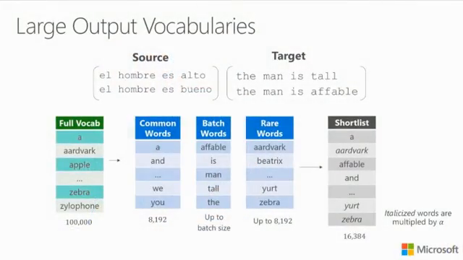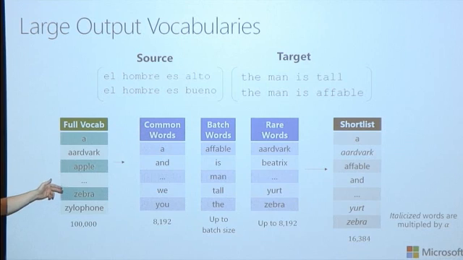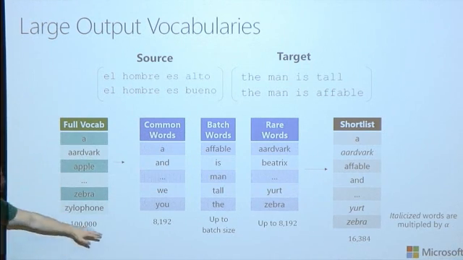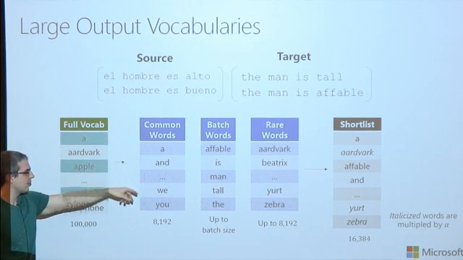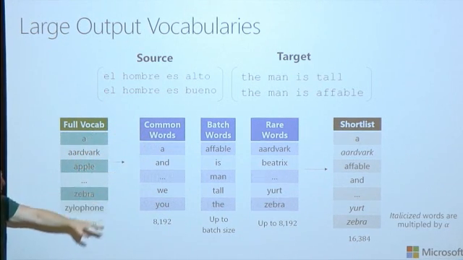So this is just a visual representation of this. We have our common words. So this is our entire vocabulary. Sample 8,000 common words. So these are then all the words in the mini batch, which are shown here, and then a bunch of rare words. We take the union of them, and then all the rare words that are not in the mini batch get multiplied by alpha. And this is just our 16,000.